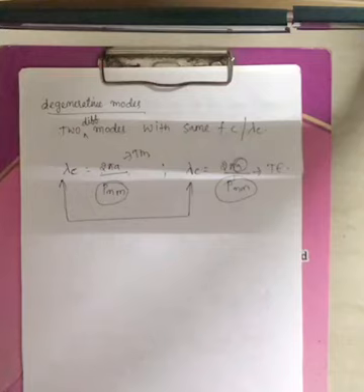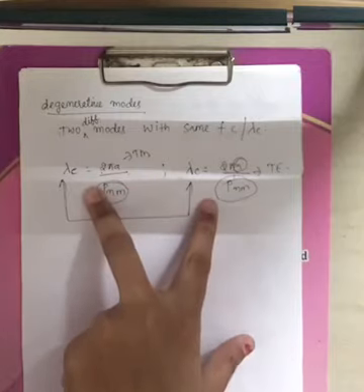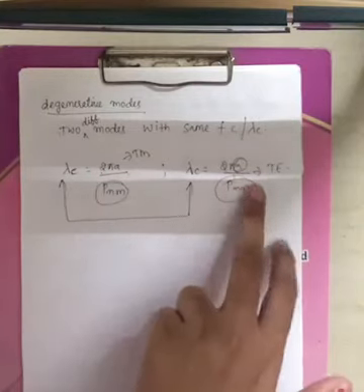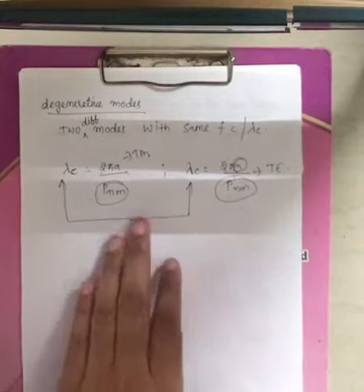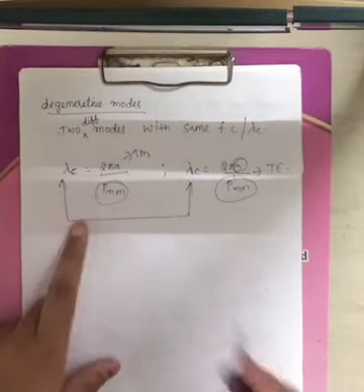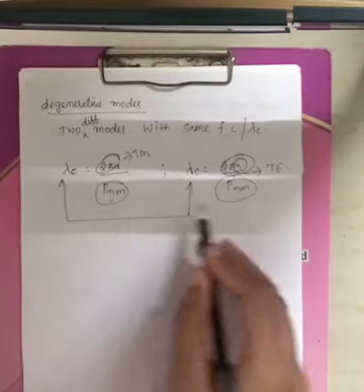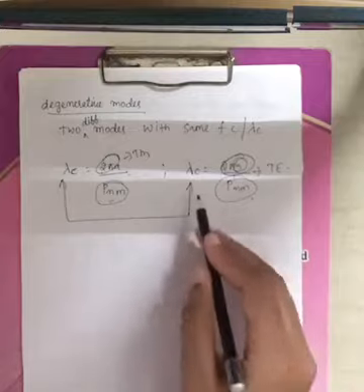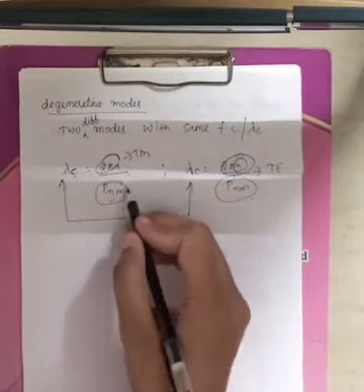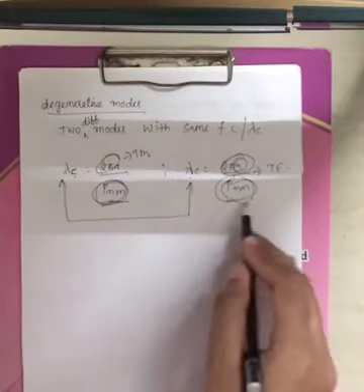If you see the lambda c formulas, 2 pi a by pnm and 2 pi a by p dash nm, in a particular circular waveguide, whether you consider TE mode or TM mode, the radius will remain the same. Only pnm and p dash nm will vary. In order to get the same wavelength, these root values should be the same.